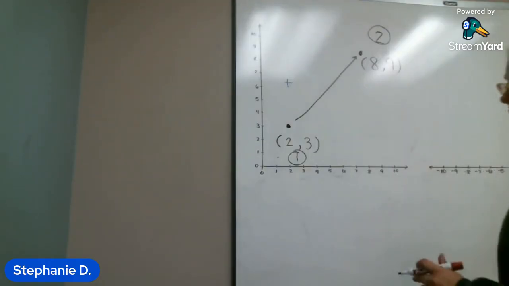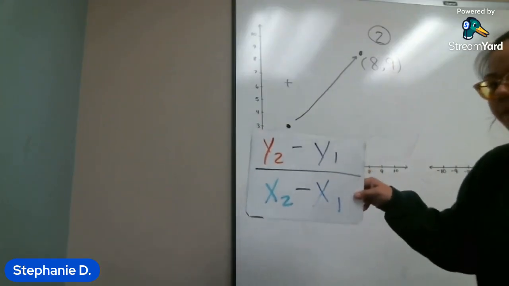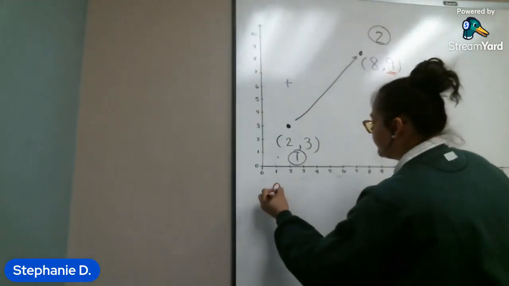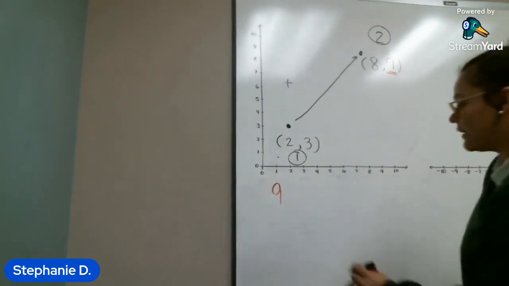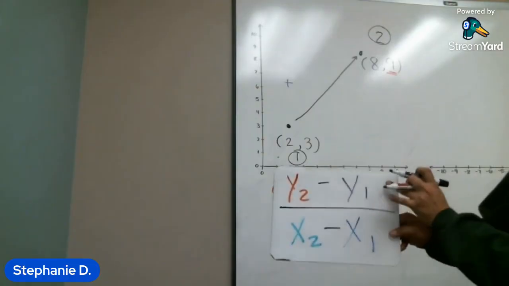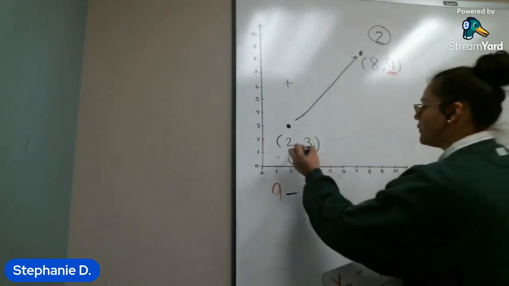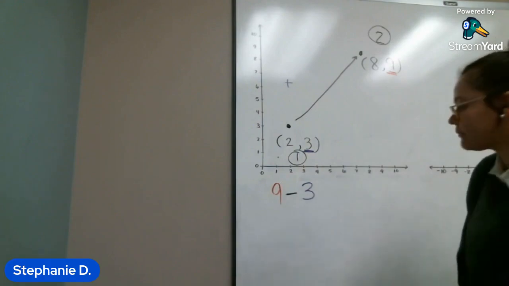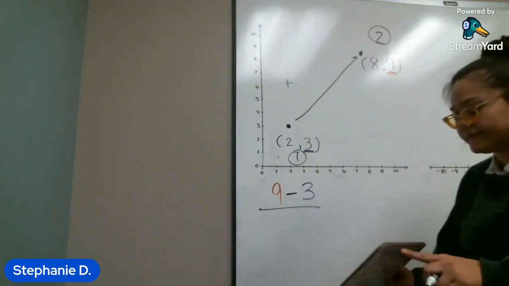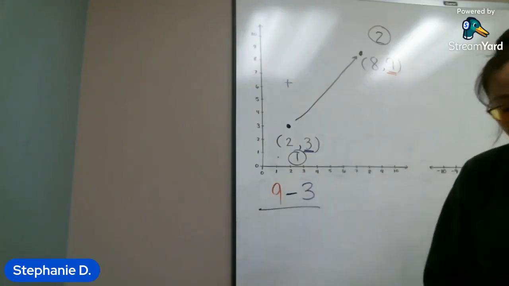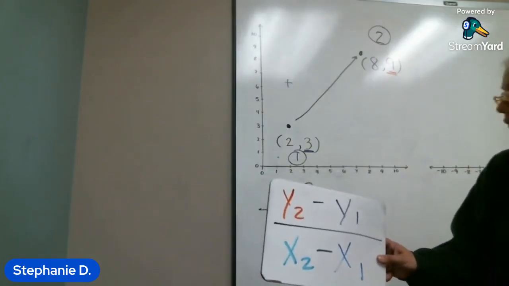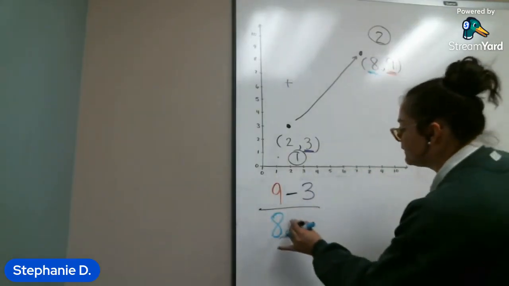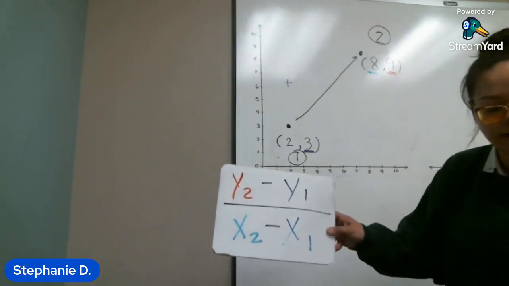Here's our y2, 9, and we have to find the difference with y1, which is 3. Over x2, 8, minus x1, which is 2.